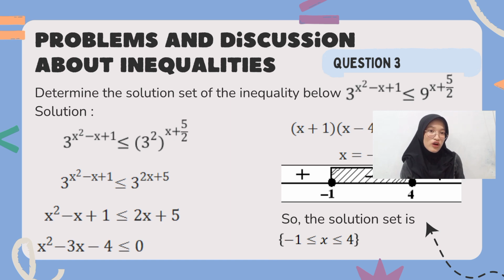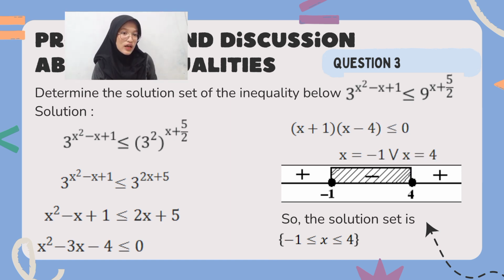So, we get 3 to the power of x squared minus x plus 1 less than or equal to 3 to the power of 2x plus 5.